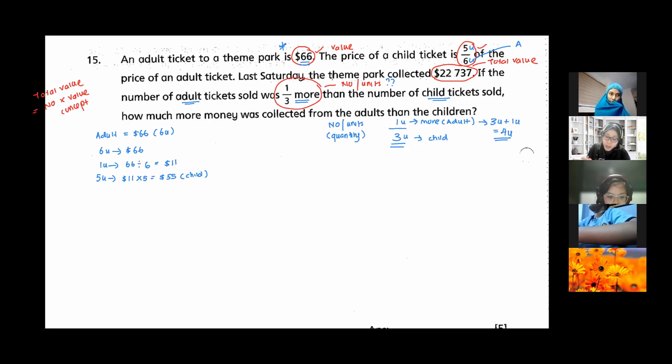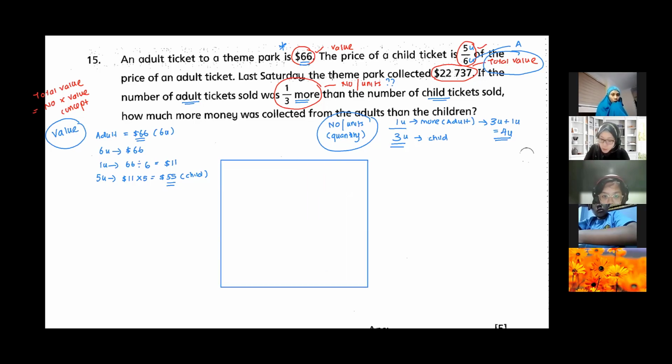So I know that my adult is this much and my child is this much. This is the value. So I have the value, I have the number and quantity, and I have the total value. I am good to go with the total value, number times value concept table. Now I draw out my table.